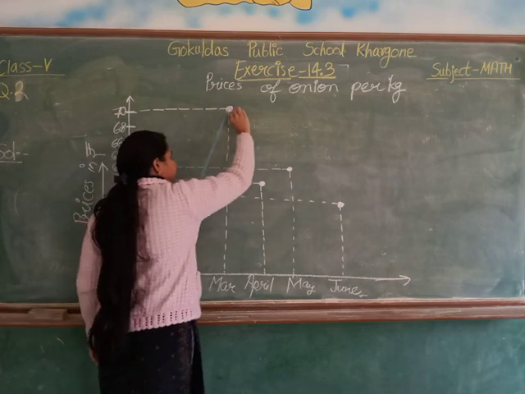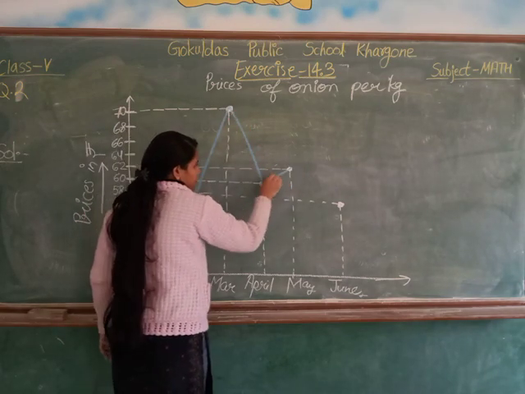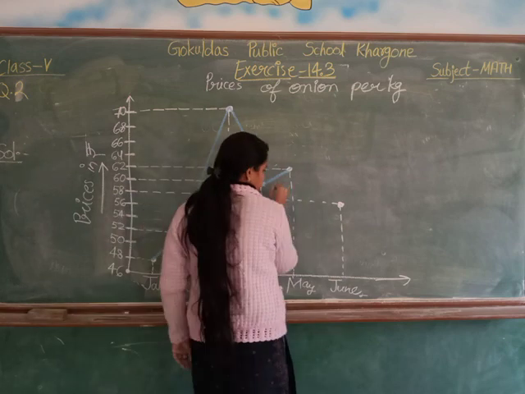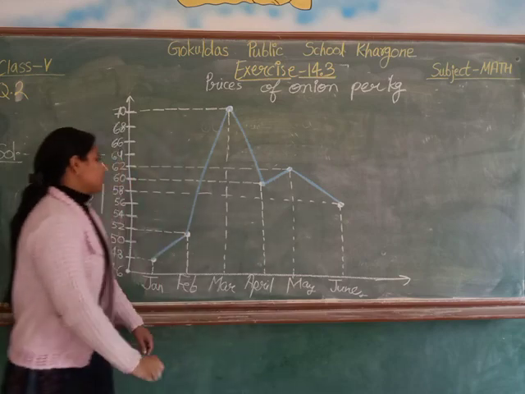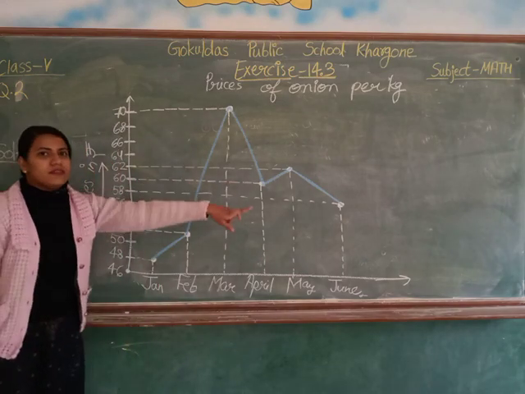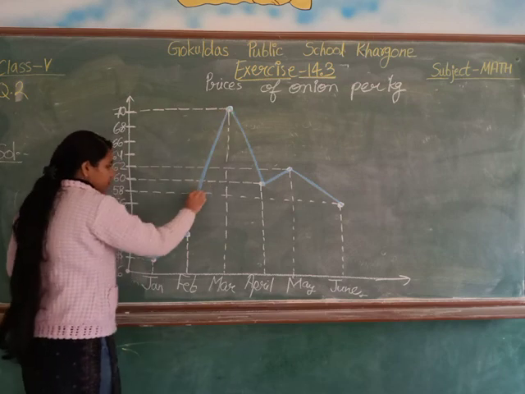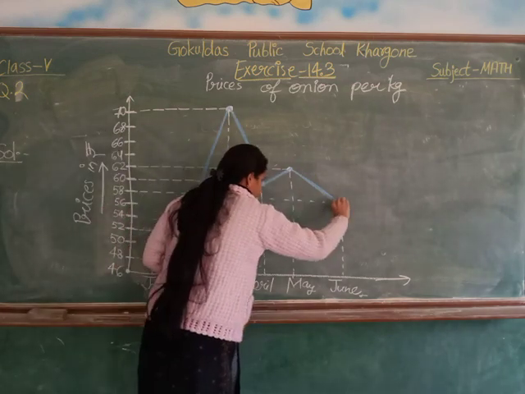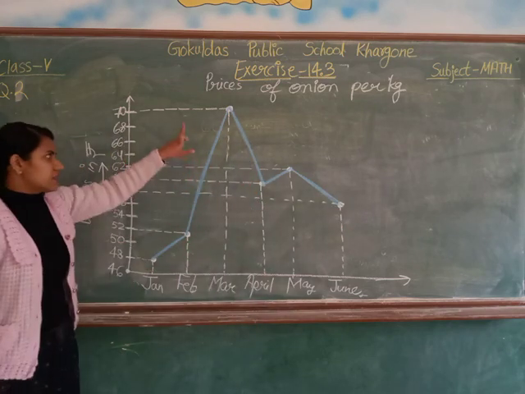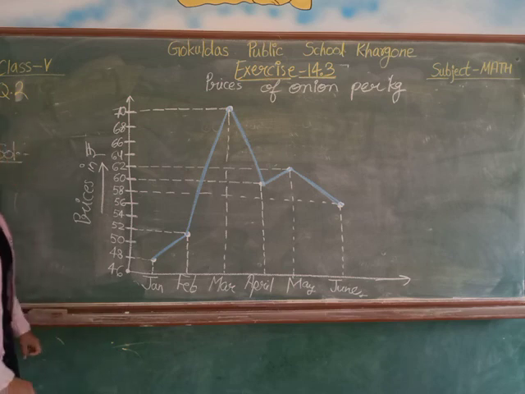Now after reaching this point, so it is a line graph. The graph by the blue line, you can observe, this is the line graph. It is the graph which is connected by several points. Okay. So this is the solution of question number 2.